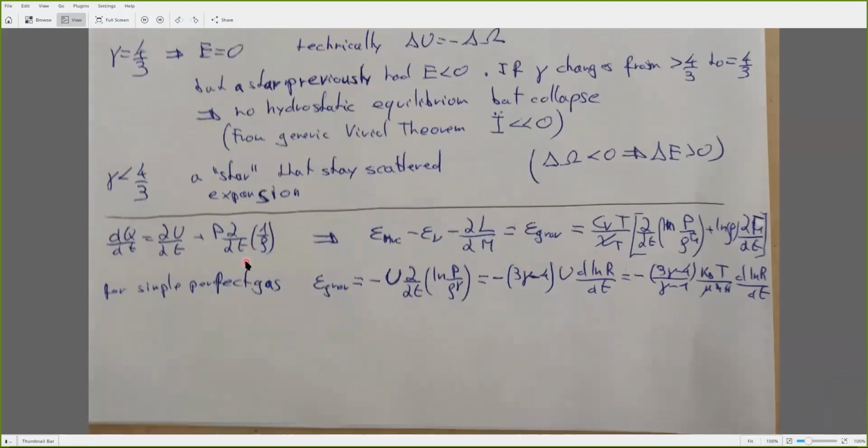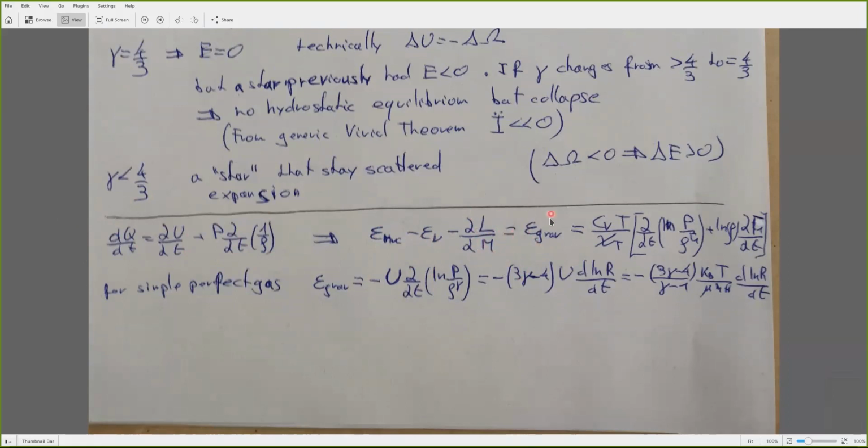And just for completeness, doing all the calculation as before, with the first principle of thermodynamics, at the end you have the energy production by nuclear reactions minus the energy lost by neutrinos, minus the variation of luminosity.